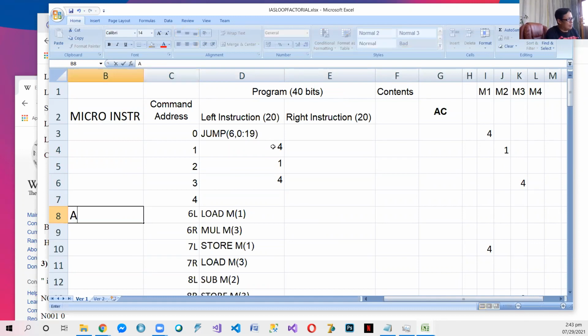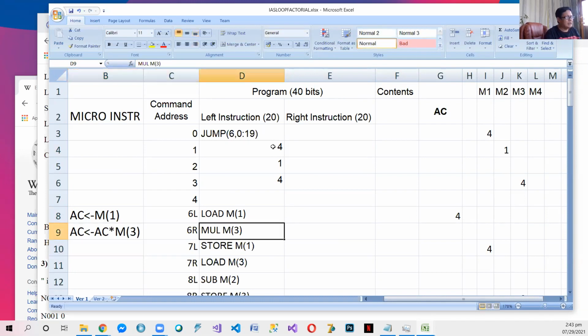So load M1, we have AC receives M1. So AC receives 4. Mul M3. So the actual are 4 here. So what do we have here? We have AC receives AC times M of 3. So this is actual AC is currently 4.